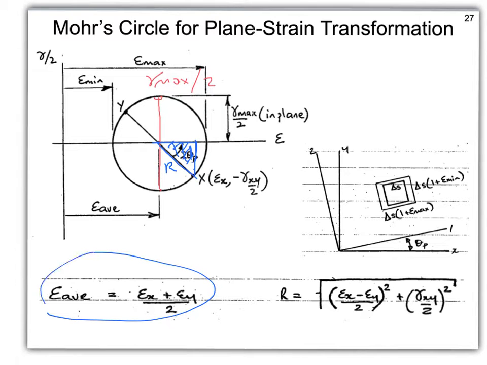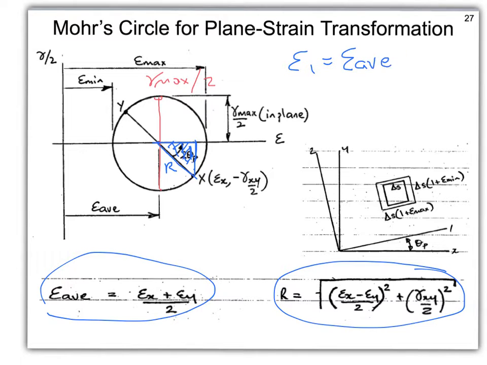So we need the average strain and the radius of the circle just from trigonometry, and then of course epsilon 1 will be strain average plus R, and so that's epsilon 1 there, and that's epsilon 2 or epsilon minimum, and epsilon 2 will be strain average minus R.